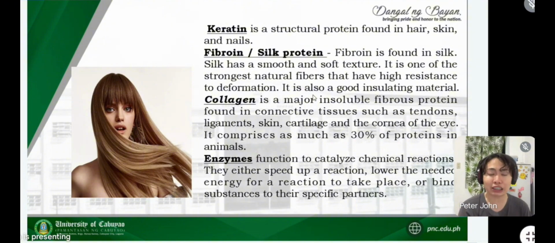Kaya po siyang i-synthesize ng buong katawan natin. Pero, as we get older, habang tumatanda tayo, paunti ng paunti, nagdi-decline yung collagen sa katawan natin. That's why nagkakaroon tayo ng pangungulubot kasi nga, lack of collagen.